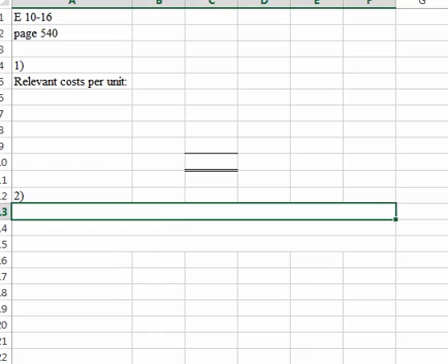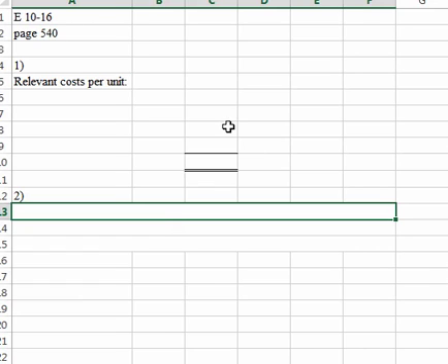So what they're saying is, of that fixed factory overhead, 80% is going to remain whether Charlie makes the product in-house or buys it from an outside party. So only 20% of that cost is actually relevant to our decision. It's the part that could be avoided if they bought the component part from Delta.